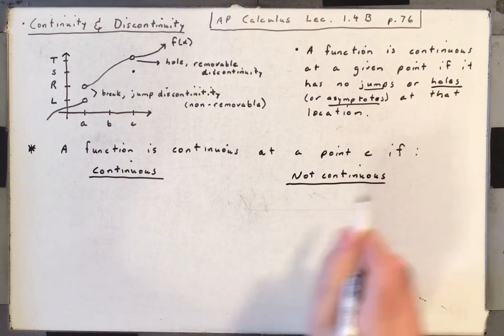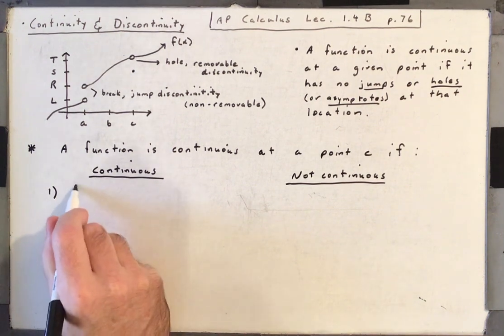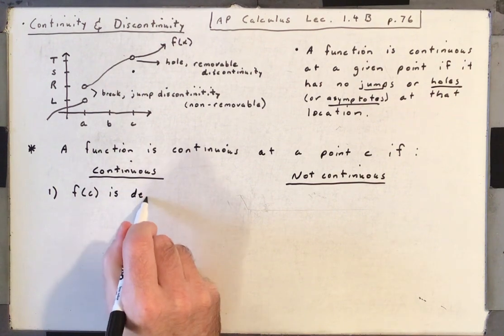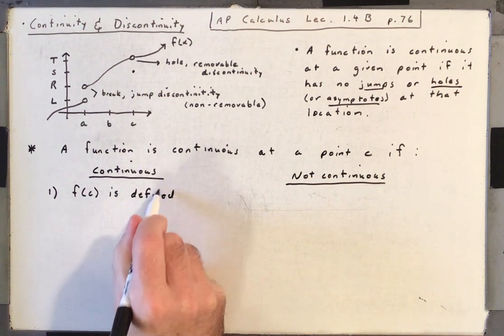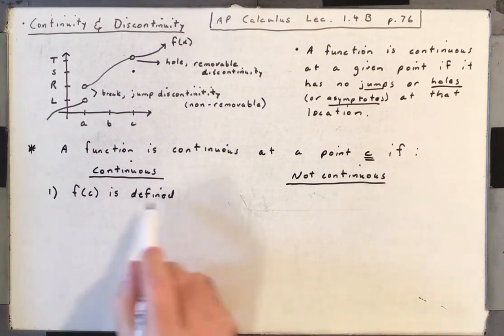The first rule to be continuous is that f of c has to be defined. Remember, we're talking about continuous at a point C. So f of c has to be defined.